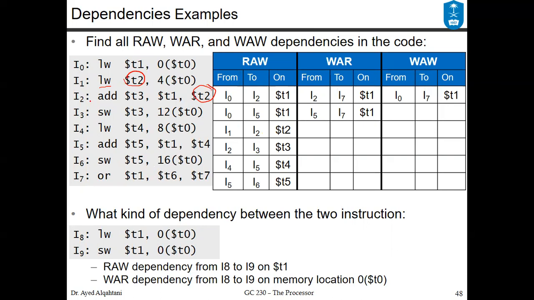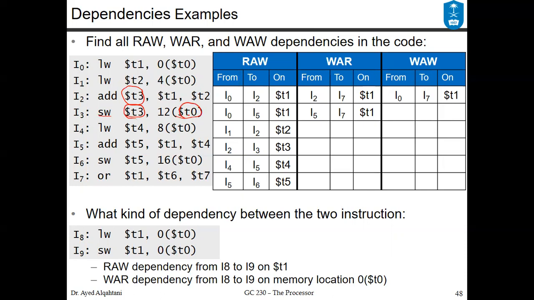Now going to the next instruction, I2, on T3. It's written here. Is it read anywhere else? You might think there is nothing because this is written in the store. Be careful. The store doesn't write anything. This is actually read, and this is also read.